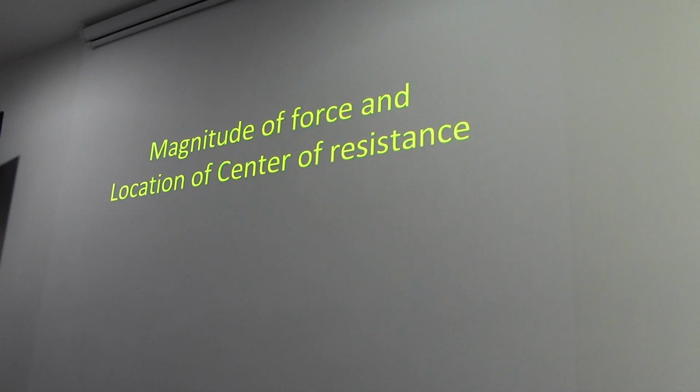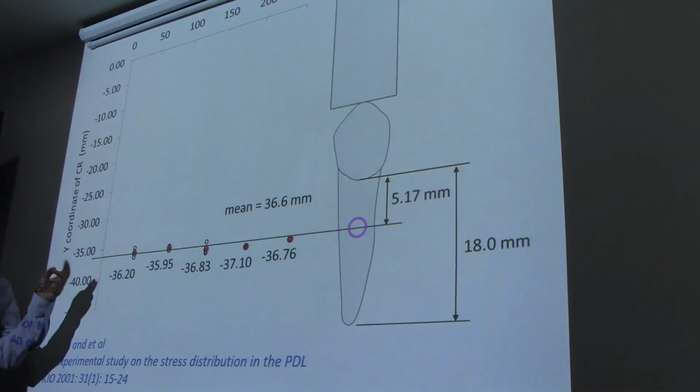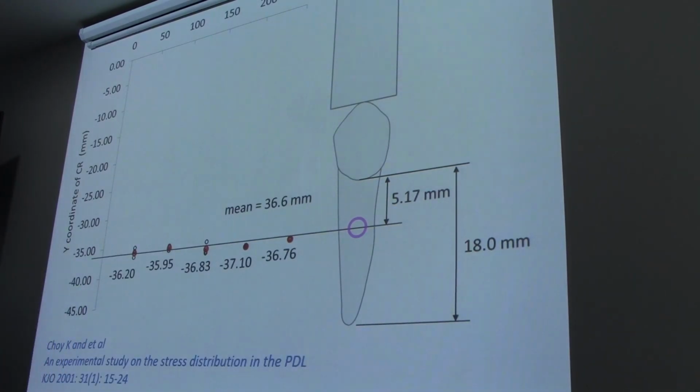Now, does the location of the center of resistance depend upon the magnitude of force? No. Someone might say that if you have a tipped tooth, the extraction space has been tipped because you used heavy force. Light force will translate, heavy force will tip the teeth. No, that's not true.